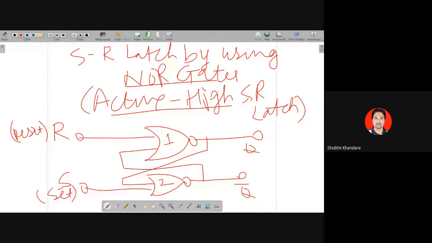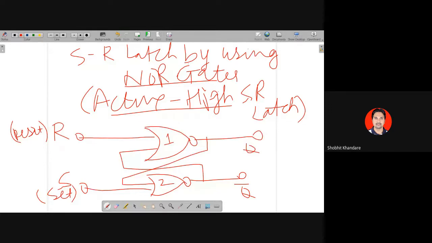NOR gate 1 का output is connected to one of the inputs of NOR gate 2, and output of NOR gate 2 is connected as one of the inputs to NOR gate 1. So this type of connection is called cross coupled. Okay, and we have two outputs as Q and Q bar.